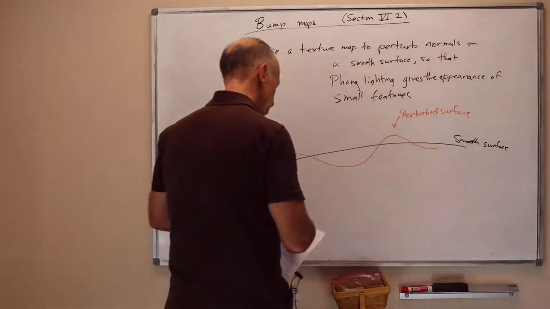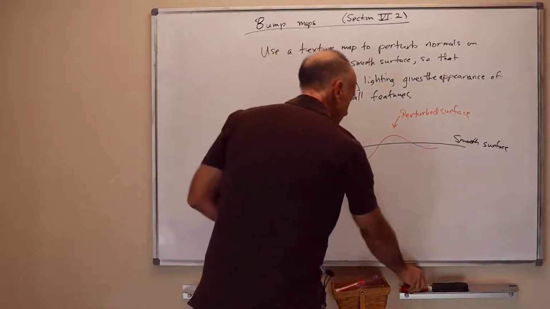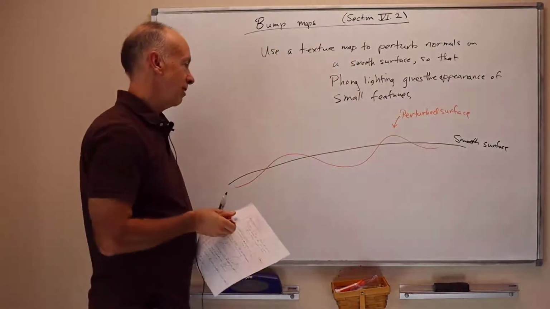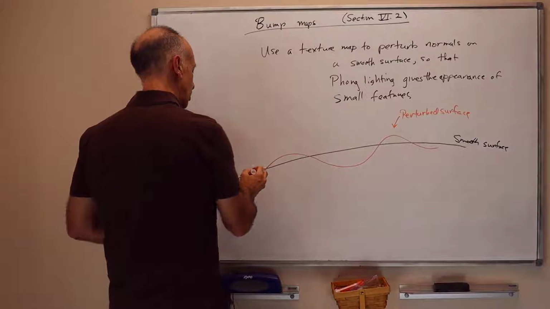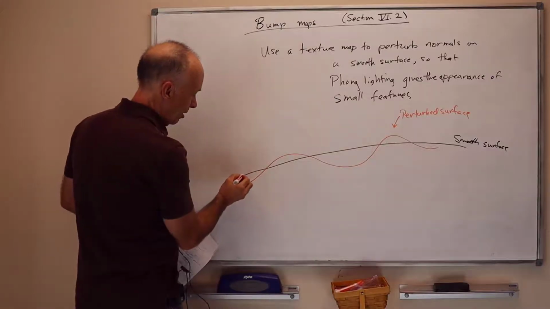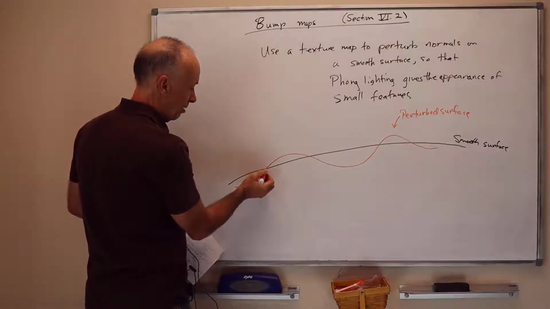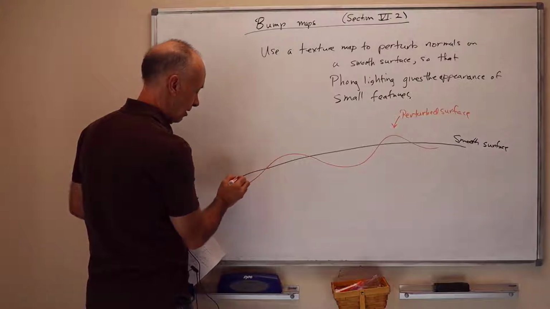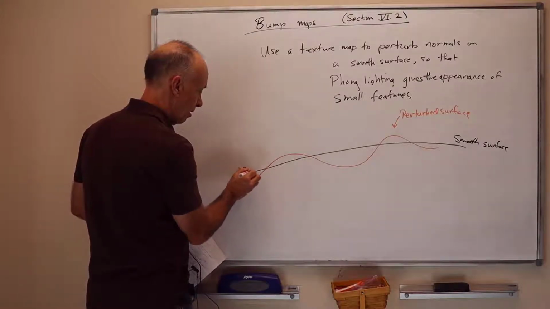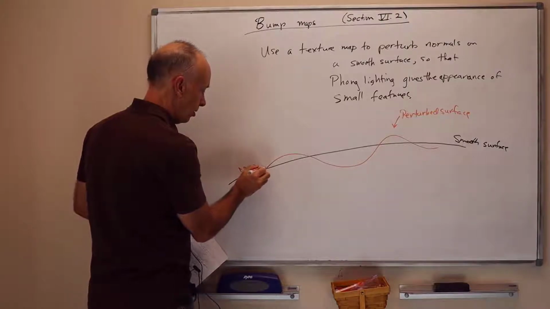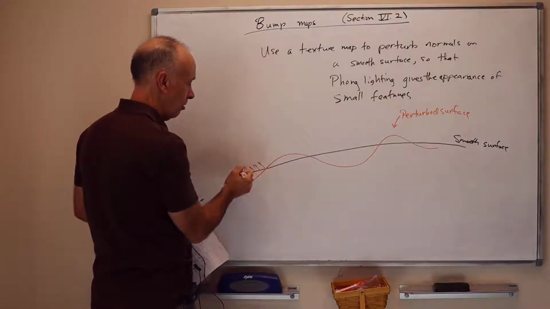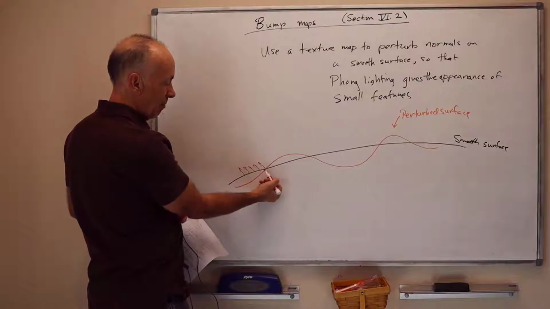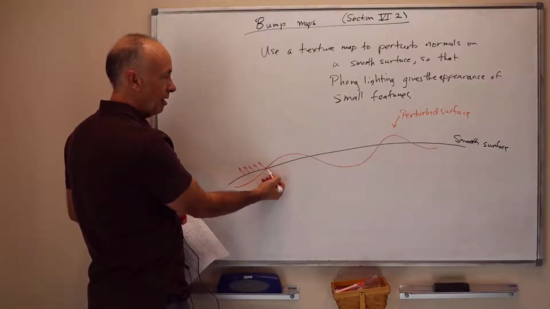And then instead of perturbing the surface, which to do that would require lots of little small triangles to pick up all these features, we just look at the normals and we adjust the normals on the smooth surface to match those of the perturbed surface. The normals on the smooth surface, which I'm drawing as red now, match the slope of the perturbed surface.